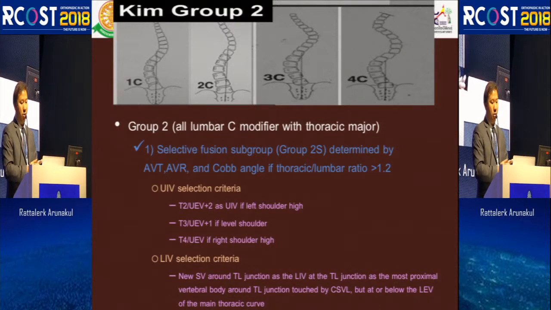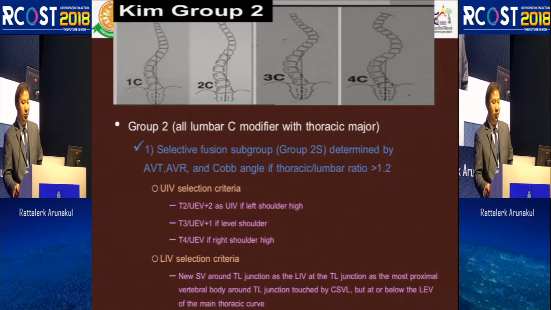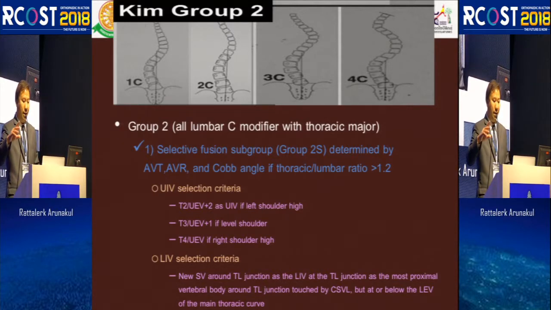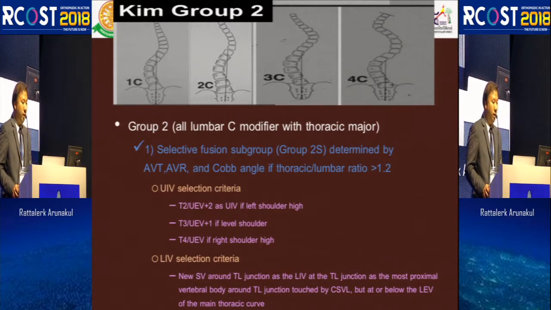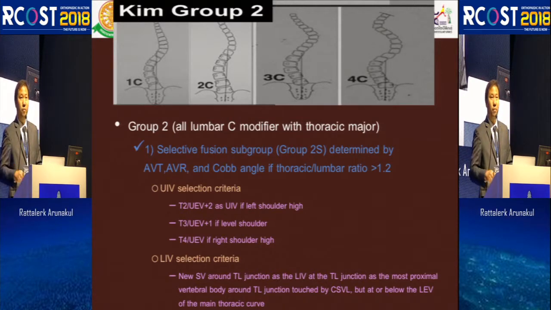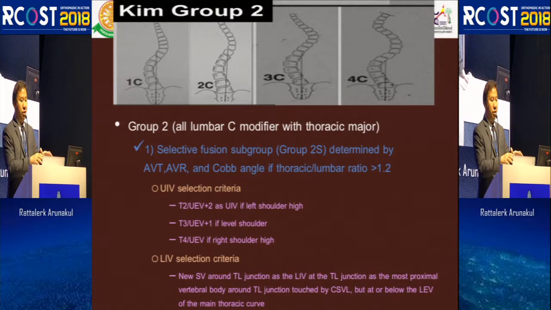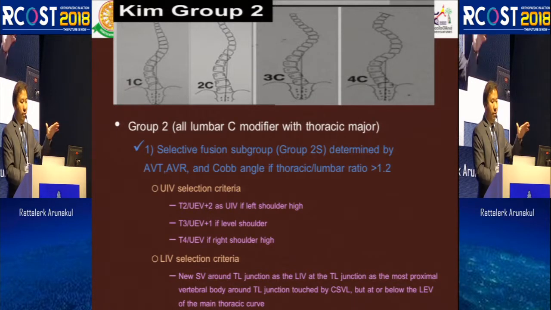You draw the CSVL and then measure the distance from the CSVL. AVR is the rotation and the Cobb angle. You divide thoracic by lumbar for the ratio. If more than 1.2, they classify it in the selective fusion group. That means you can fuse only the thoracic spine.